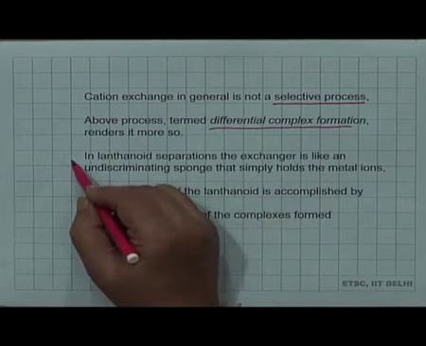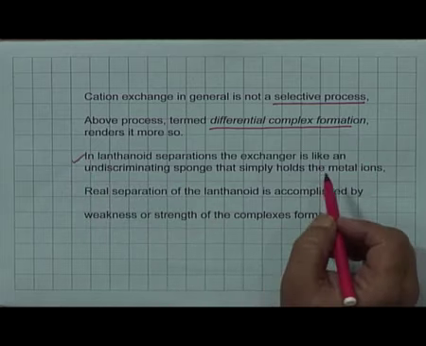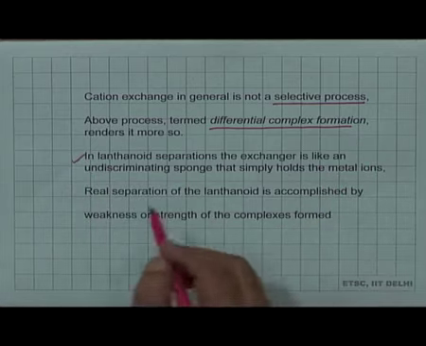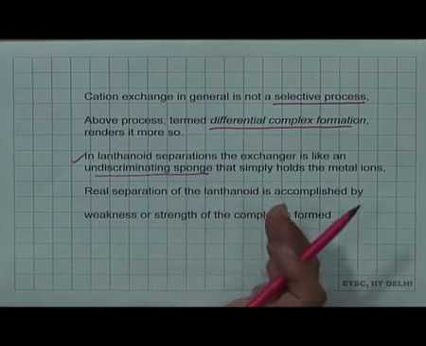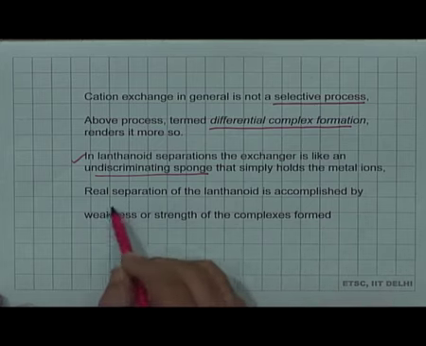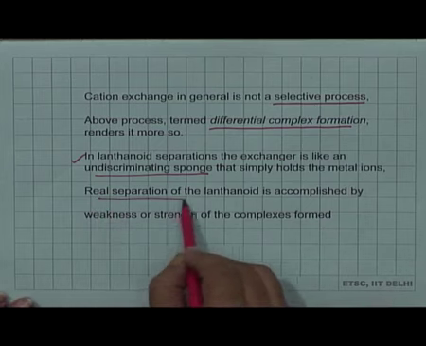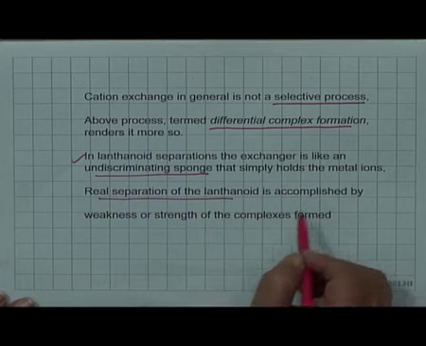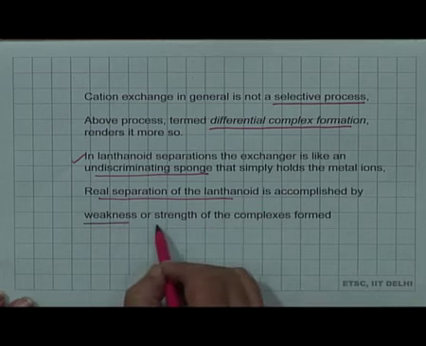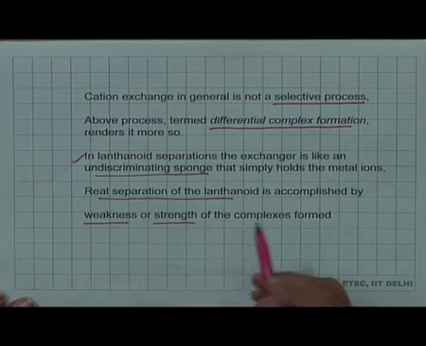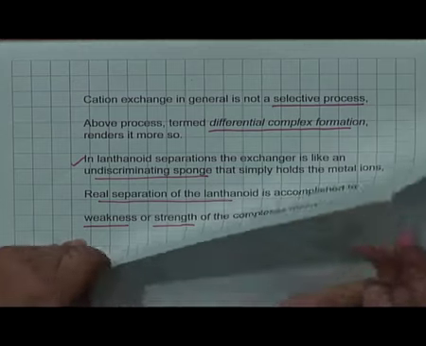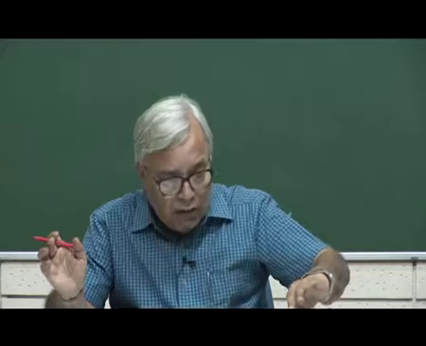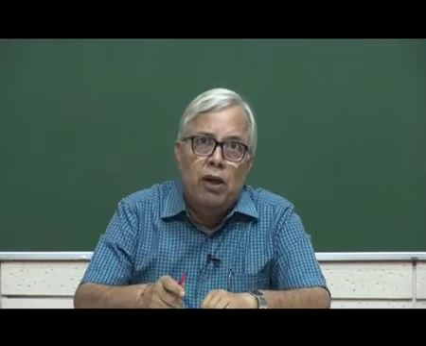So, for lanthanides the exchanger just acts like an undiscriminating sponge, that is, it absorbs all cations, and the real separation is by the fact that these lanthanides make a weaker or a stronger complex with the complexing agent. So, this is the summary of the refining methods which are used in isolation of metals.